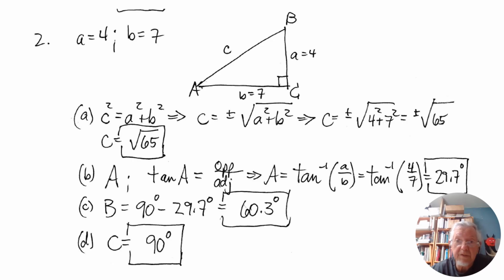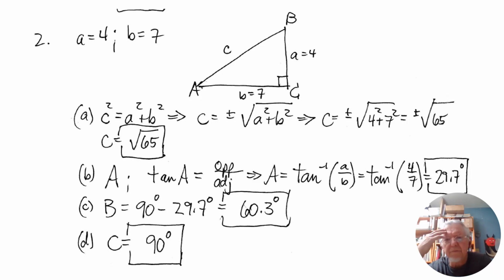So it's opposite and adjacent, opposite over adjacent. So the tangent of angle A is opposite over adjacent, and that means that A is tangent inverse of A over B, and that's the tangent inverse of 4 over 7. And I just press that in my calculator, and inverse tangent goes between negative 90 and 90 degrees.